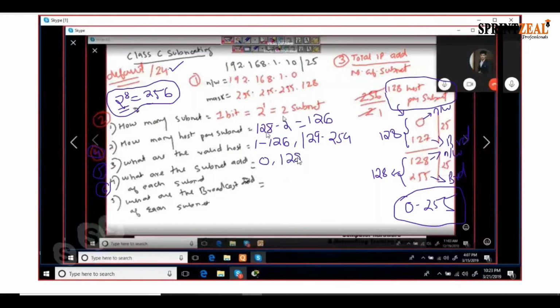Now write it down in your book. Subnet means network. So what are the network addresses of each subnet?